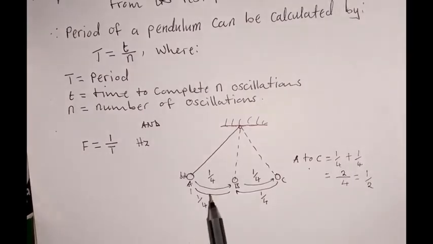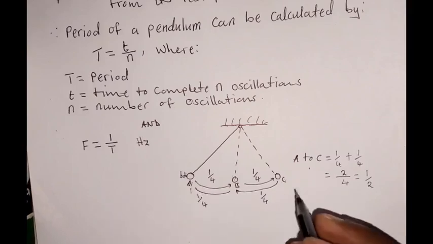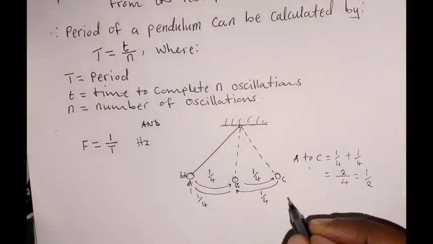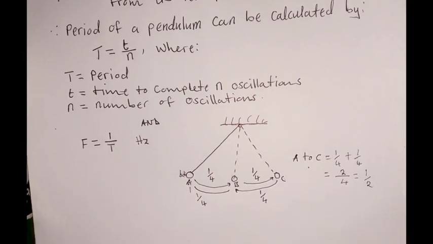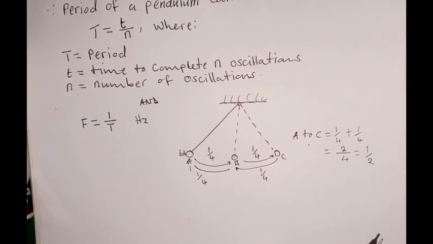So when a bulb moves from point A to point C, it's half. Then from point C to point A, it's 1. So this is how we count the number of swings of a bulb.